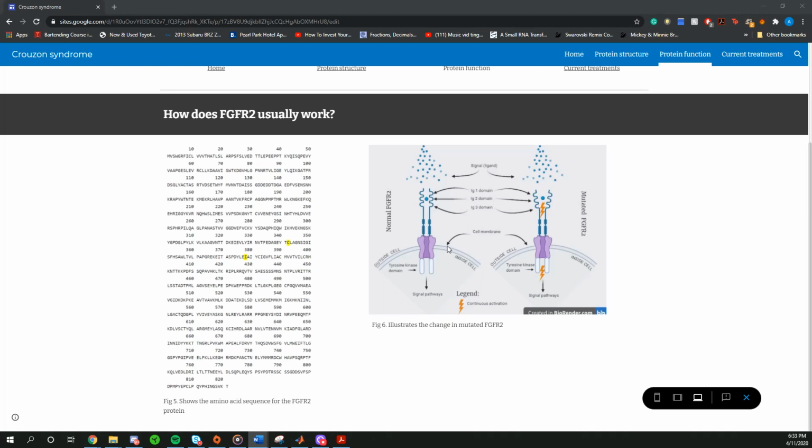Now, having a look at figure 6, we have our normal FGFR2 protein functioning over here on the left and our mutated one on the right.